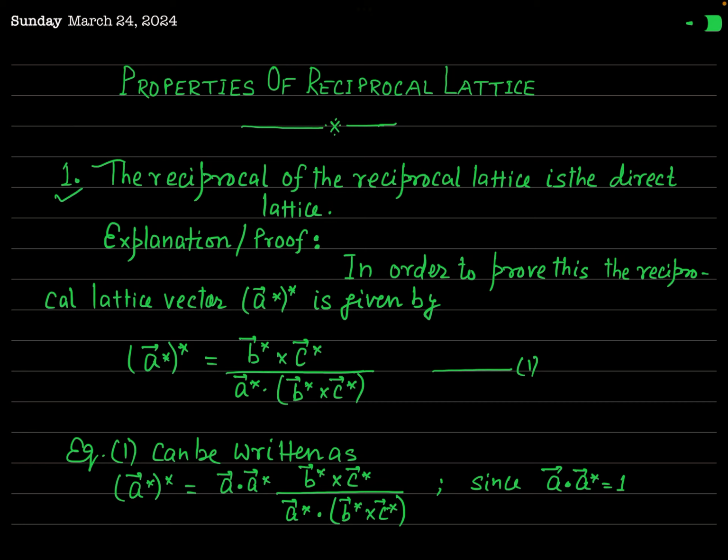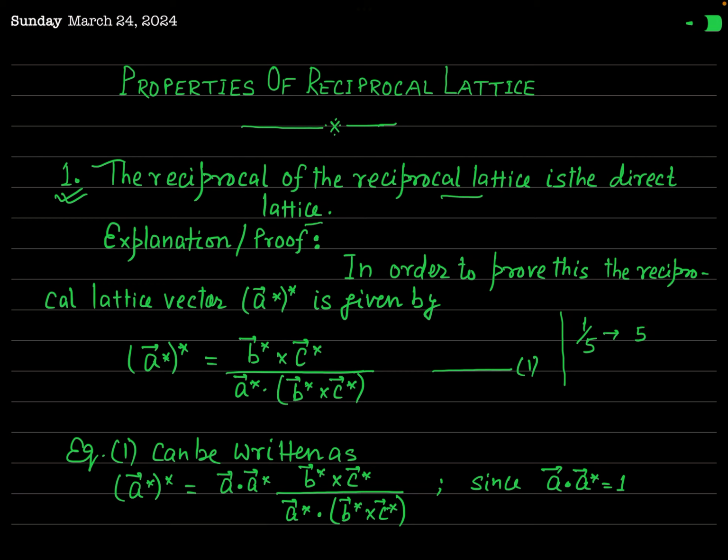The first property I have mentioned here is that the reciprocal of the reciprocal lattice is the direct lattice. This is a very important property, and it is just equivalent to saying that 1 over 5 is the reciprocal of the number 5.